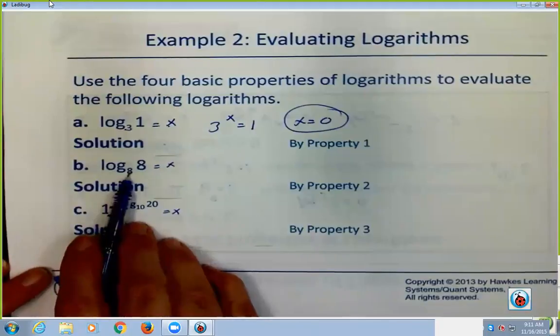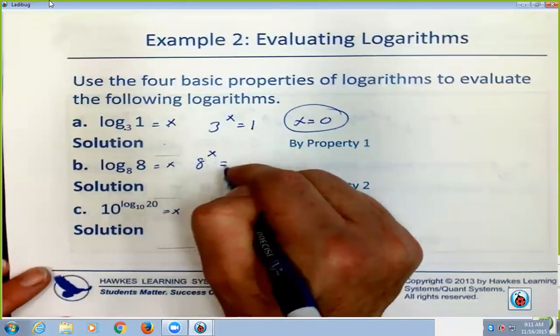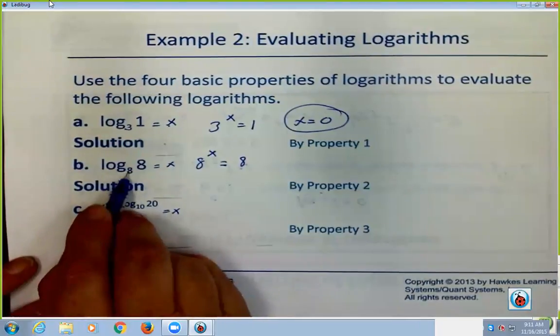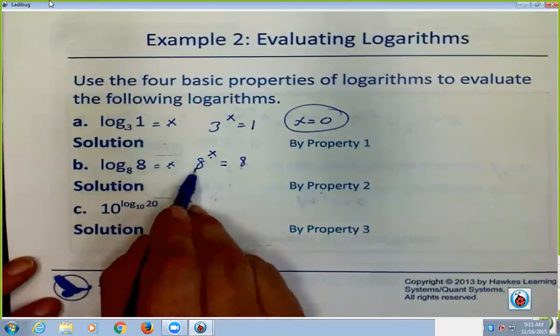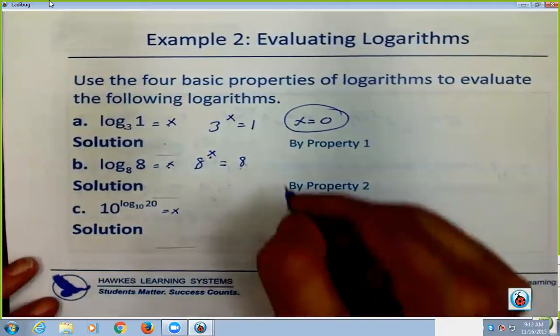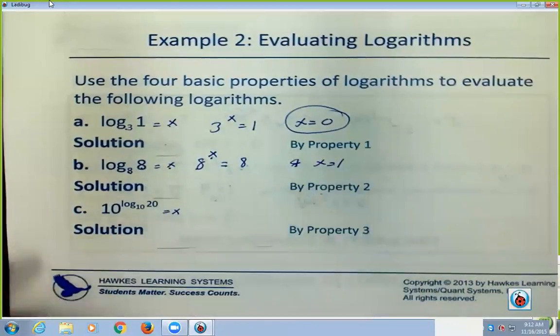Bottom one, log_8 8. So 8 to the x power is equal to 8. If I go back to exponential form, base, exponent, answer, what would I put on 8 that would give me 8? Just 1. So x equals 1. So you'll know it's 1.